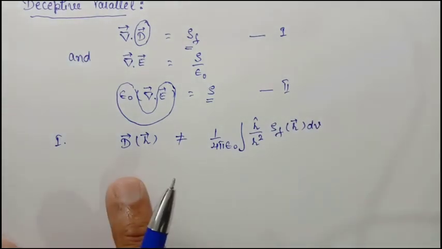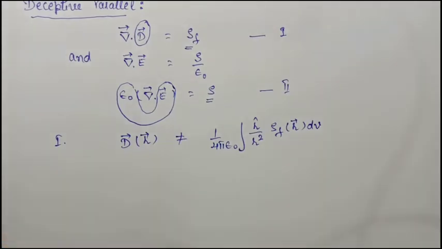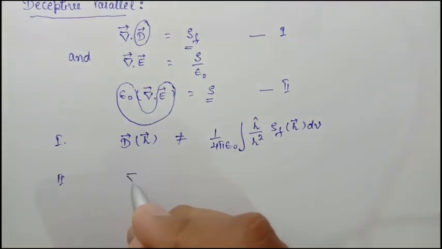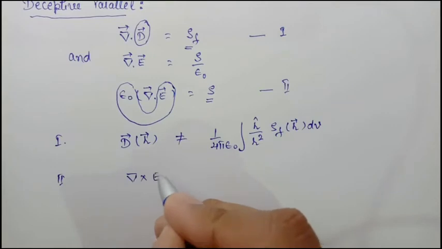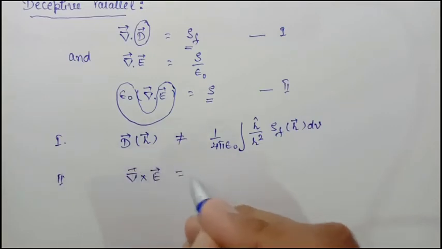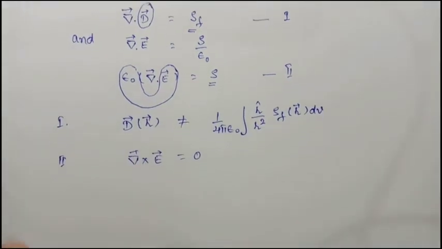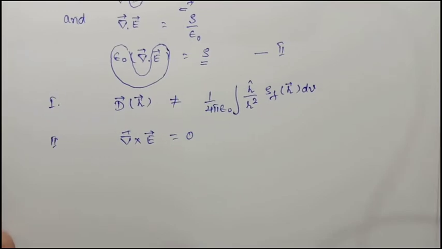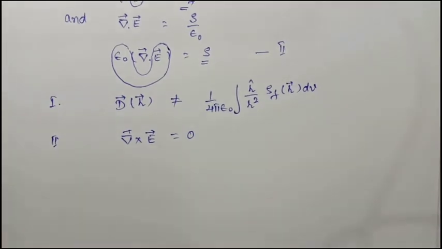So first point, in the integral form the electric displacement vector is not equals to this factor. And second here is as we discussed, del cross E is equals to 0. This is a known concept, that is curl of electric field is equals to 0.